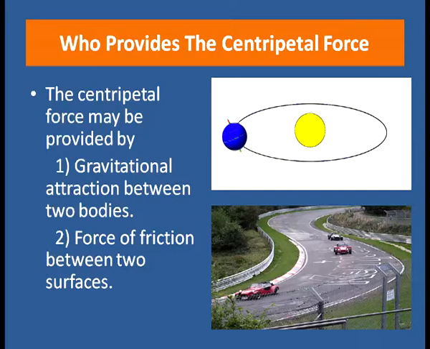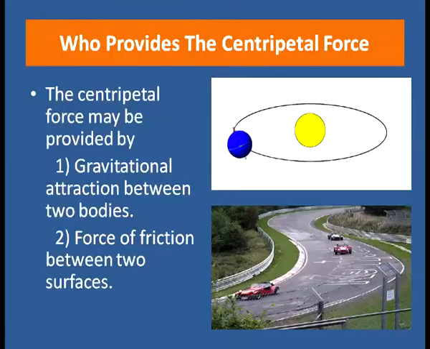Again, the force of friction between two surfaces also provides the necessary centripetal force, as in the case of a vehicle turning around a circular path or moving in a curved path. Here, the frictional force between the tire and the road surface provides the necessary centripetal force.